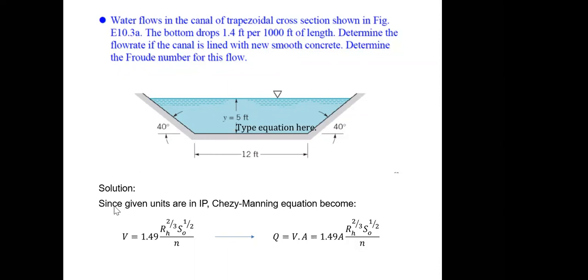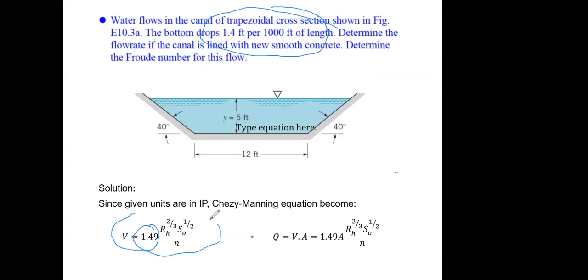Okay, so the solution is given here. Please note that since the unit is given in the IP unit, feet per 1000 over here, you need to put this additional coefficient K, 1.49, in front of the equations.